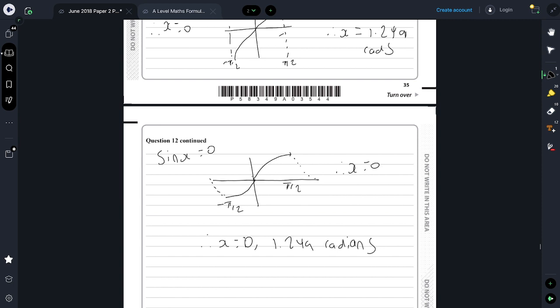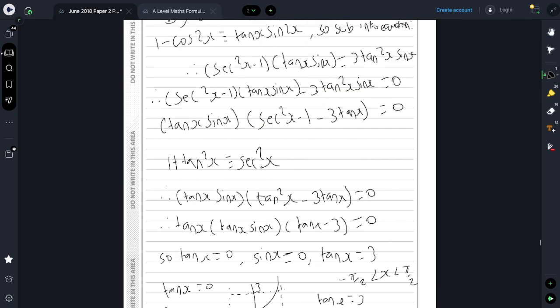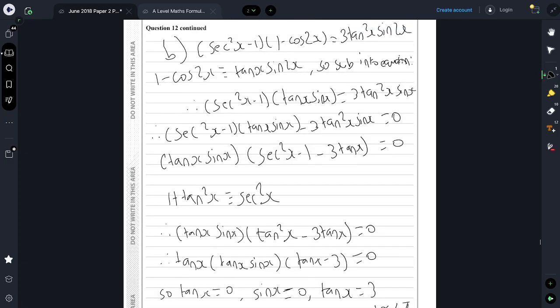Okay, a fairly... oh, hang on. Oh dear. No, we messed up somewhere. Again, it wouldn't surprise me if we did a sign wrong or something. Okay, where did we go wrong here? So 1 plus tan squared is the right identity, isn't it?